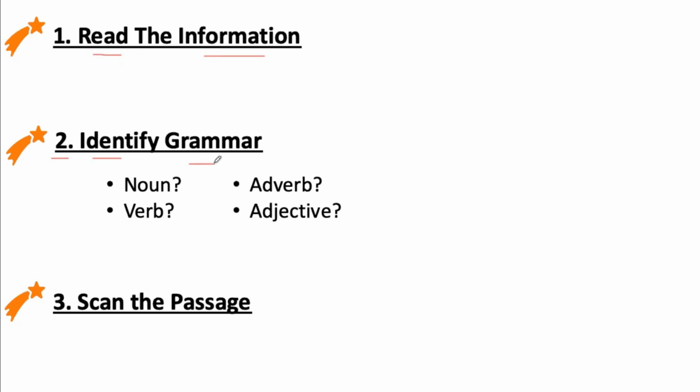In our case, since we have a word bank, we'll also have to look at singular nouns or plural nouns and try to see which would fit in the gaps. After that, we're going to scan the passage with some clear words that we have identified in our preparation stages of steps 1 through 2, and then we're going to answer the questions.